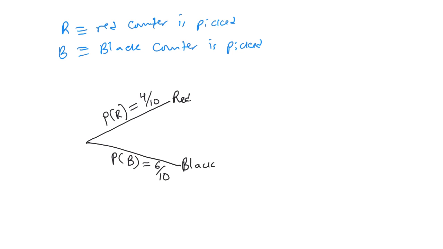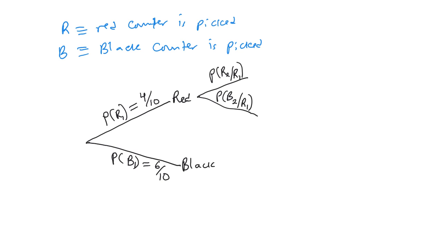Now, if we picked red, let me use a subscript to mean red first and black first. If you picked red first, then you can pick red the second time, the probability of red the second time given that the first was a red, or it can be the probability of picking black the second time, given the first was a red.